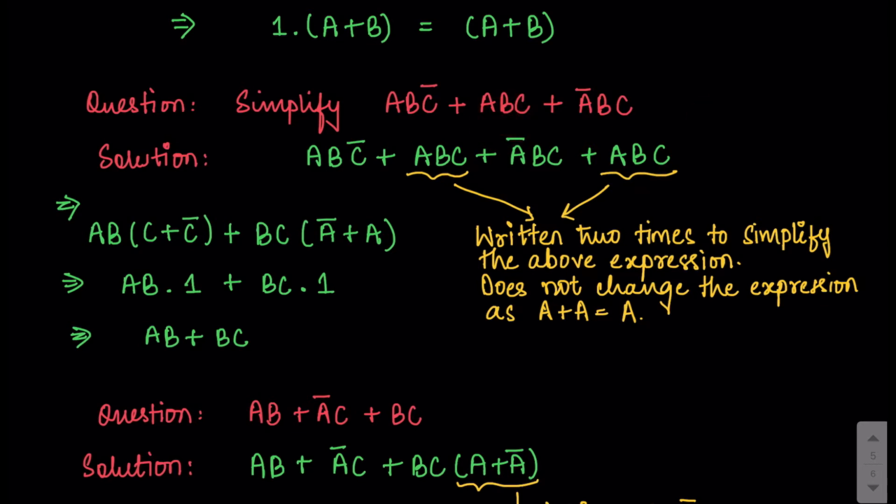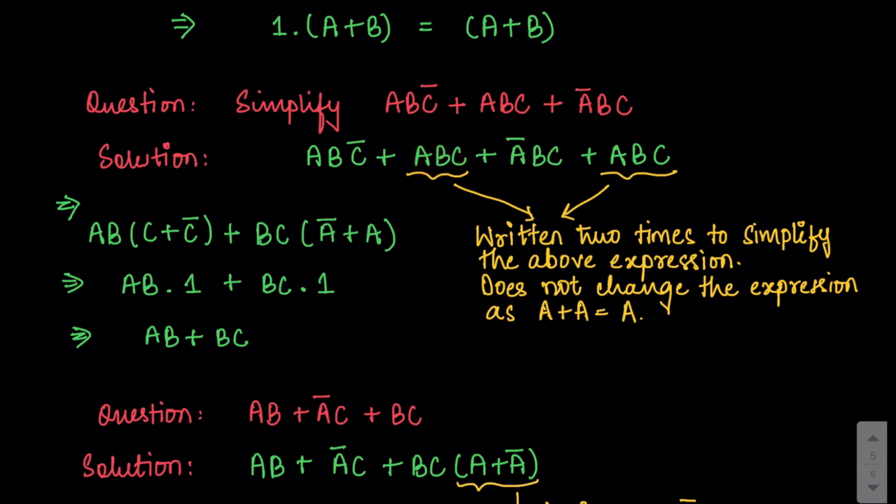So if I write the term abc two times, I can take ab common between the first and the second term, and I can also take bc common between the second and the third term. This will not affect the functionality of my circuit because I know A + A is A. So even if you write the same term n number of times, it's not going to affect the functionality.